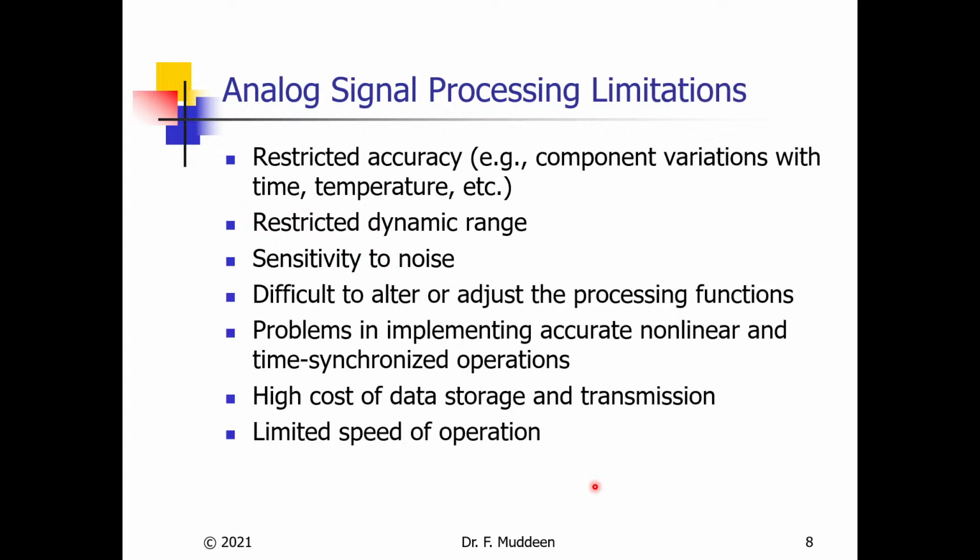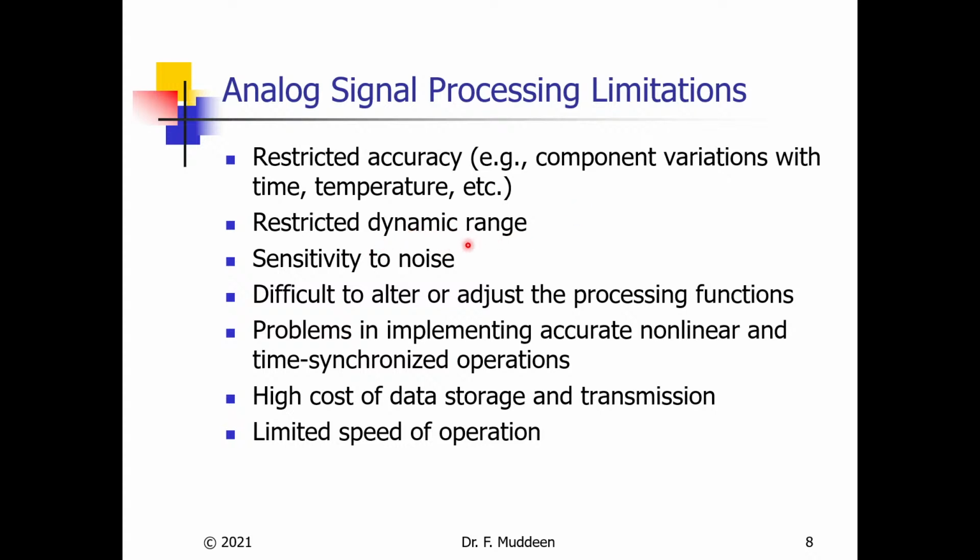And the limitation of this is, because it's a single-use circuit, you're going to have restricted accuracy. Any external factors, being time, temperature, noise, and so forth, all interfere with the circuit. As such, you may not get the desired accuracy that you require.